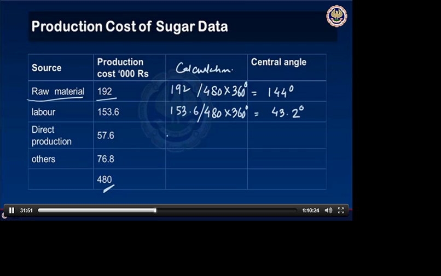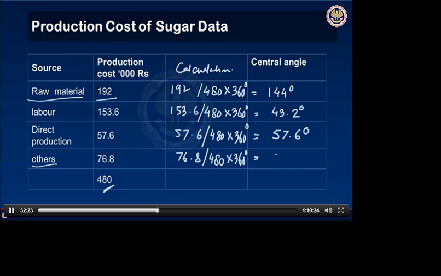Then we can do it for 57.6 also. 57.6 divided by 480 into 360 degrees. So this will be 57.6 degrees. And finally, we can do it for other costs. The source is others here, which is 76.8 divided by 480, that is the total cost of production, into 360 degrees.